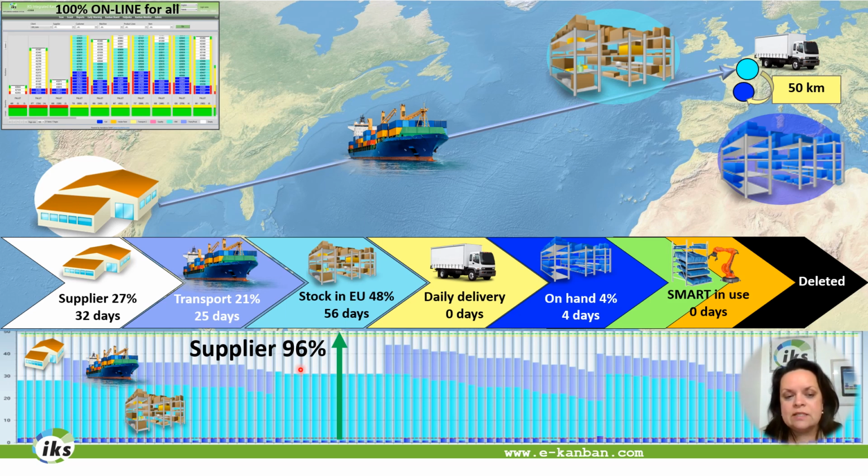So you see 96% of the inventory should be the responsibility of the supplier, and the balance, the dark blue, is just this tiny line, only 4%.